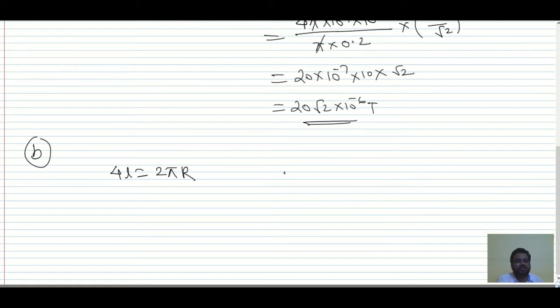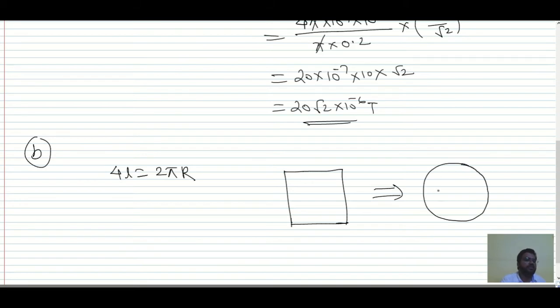Because this square gets converted into a circle of radius, what? To calculate the radius, we'll use 4L as the circumference of the circle. So radius r is 2L divided by pi. So this is the radius.